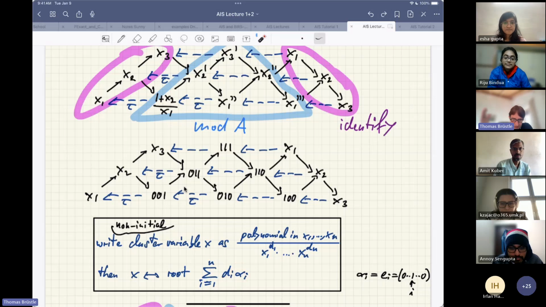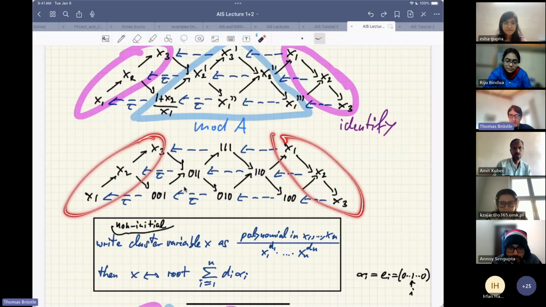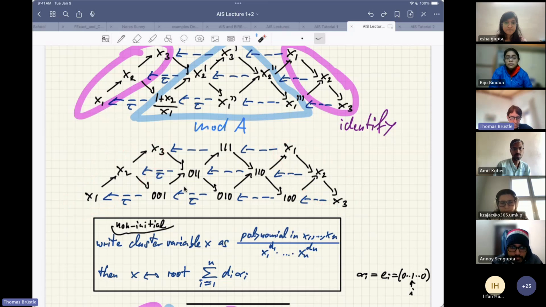So this gives me a bijection between indecomposables and non-initial cluster variables. But the important thing is I want to identify these two parts. This is what we learned. And this is our main idea.